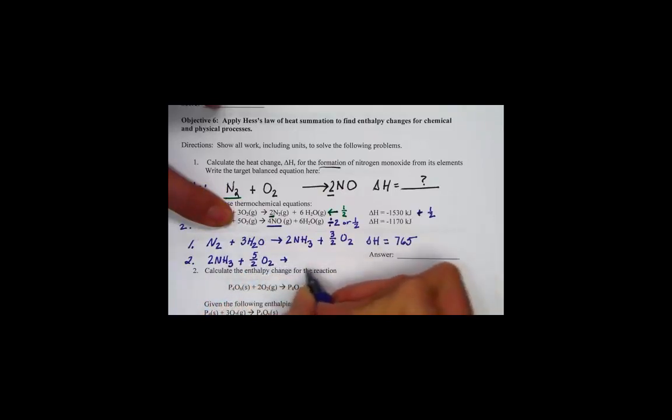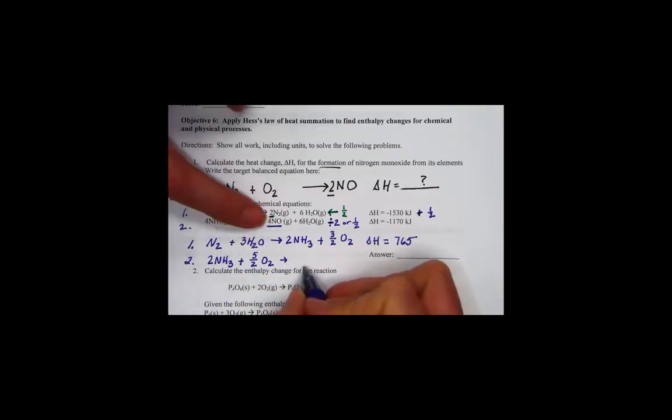Leave it in the fraction form. The next product listed is 4 units of NO, but cutting that in half leaves us a net of 2 units of NO. And finally, 6 units of water cut in half gives us 3 units of H2O.